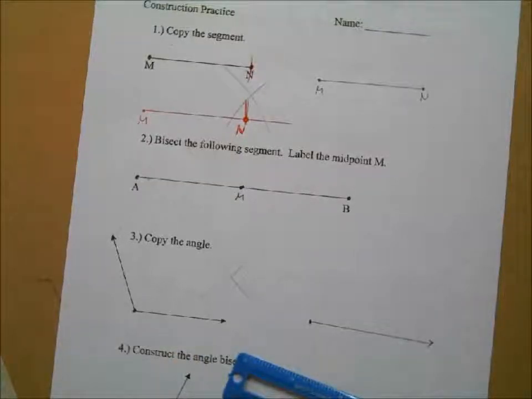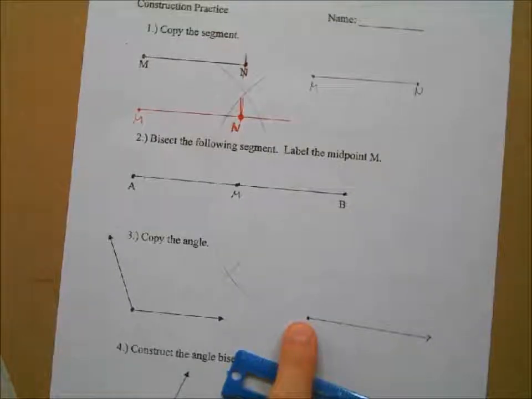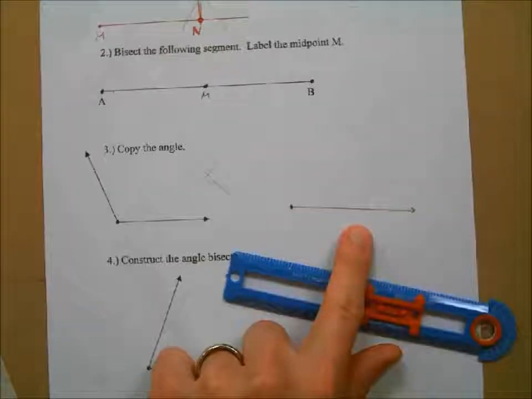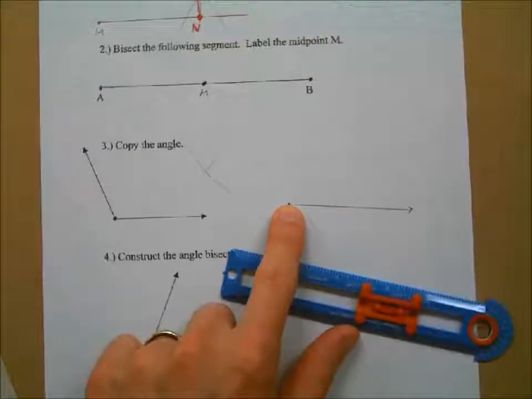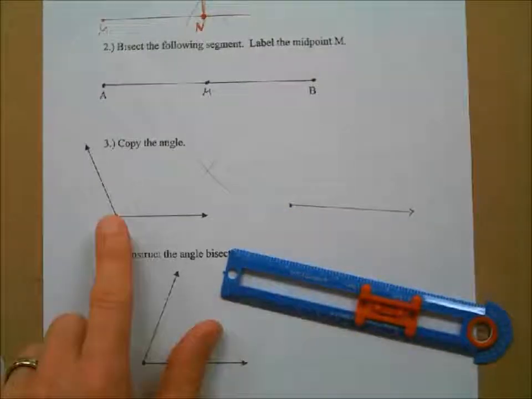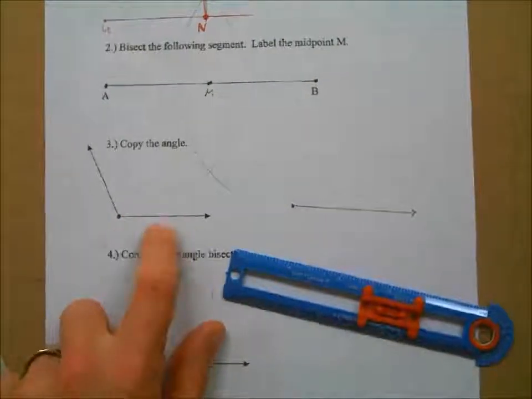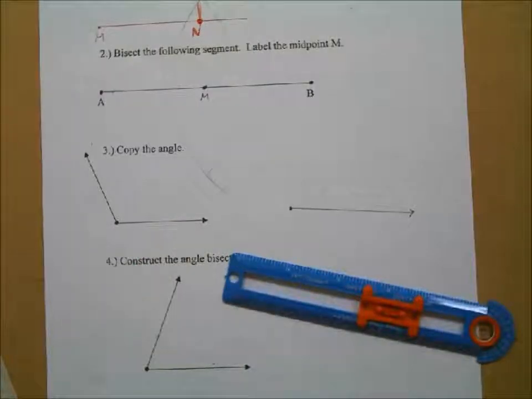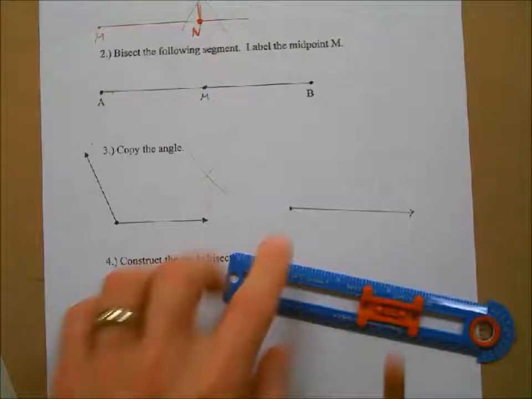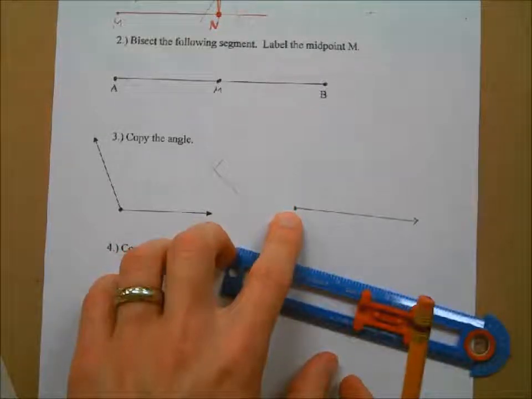Okay? So a ray and a starting point. This point right here is going to be the vertex for our copy, right? It's mimicking this side right here in a way. Okay? So far, so good? You don't even need to do 2 points. Just 1 point for your starting point, and then just draw the ray out from that.